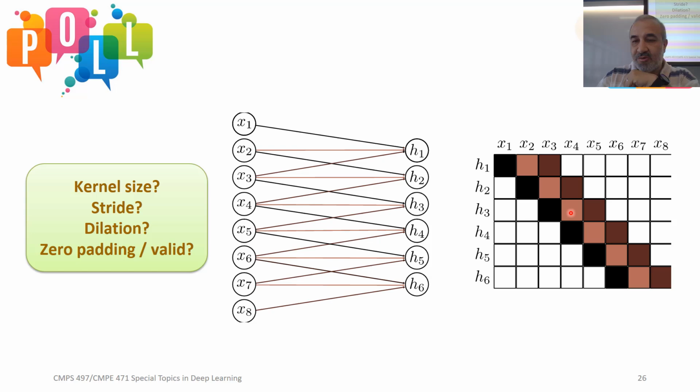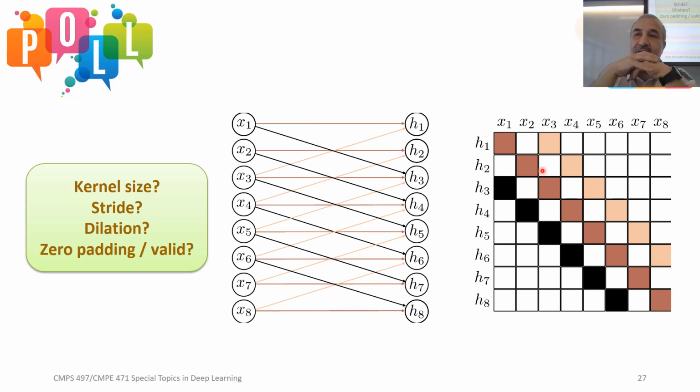So 3 weights. It's only applied on valid inputs. We are not padding with zeros here. Okay. Any questions? How about this? Kernel size is 3 or 5? The region is 5.